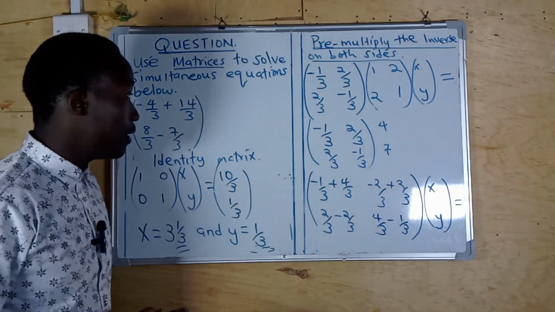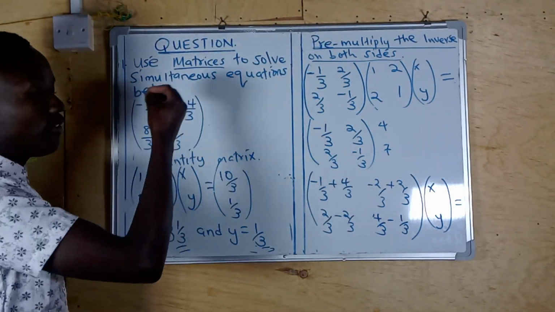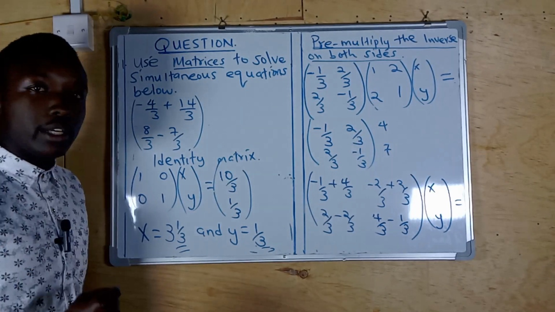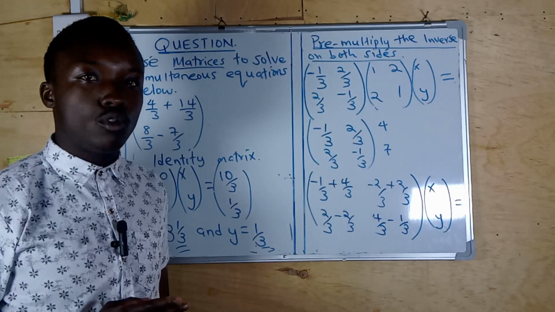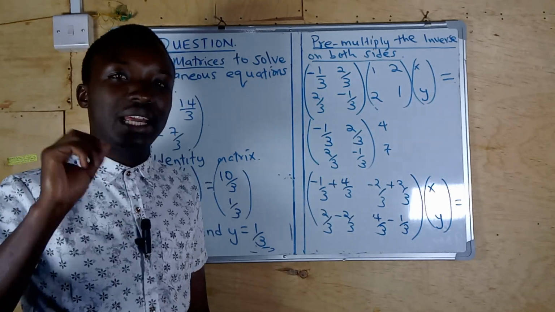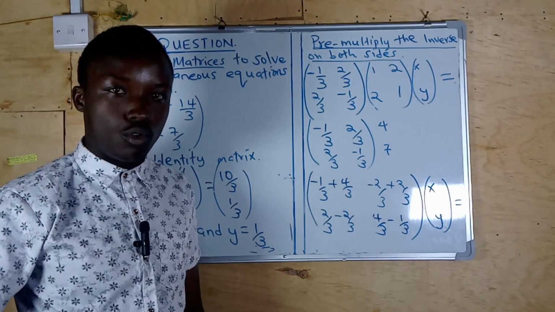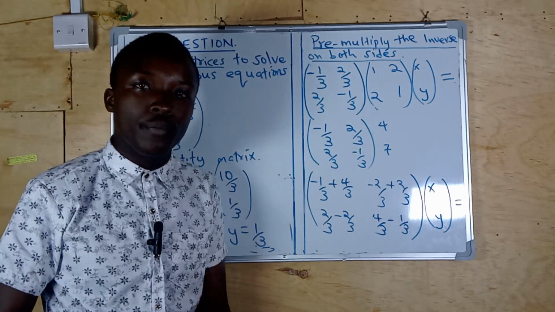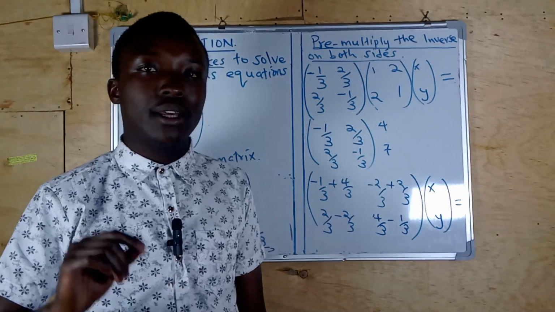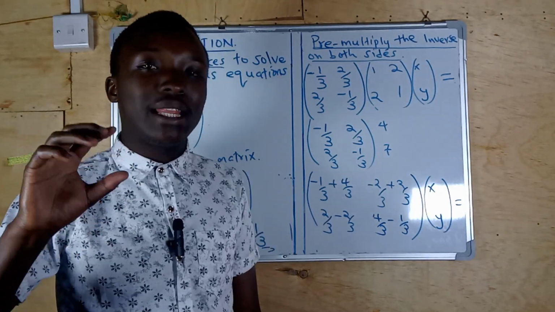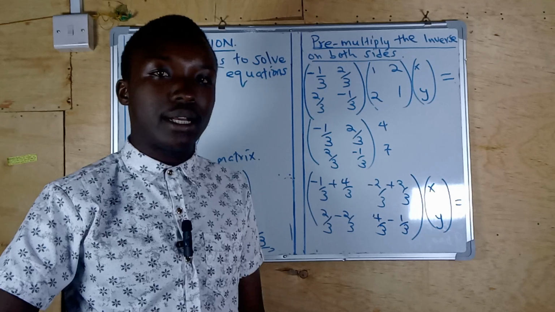The first step, don't forget, is writing the equation in matrix form. The second step is finding the determinant of the 2 by 2 matrix. The third step is finding the inverse of the 2 by 2 matrix. Step number 4 is pre-multiplying the inverse on both sides of the matrix.